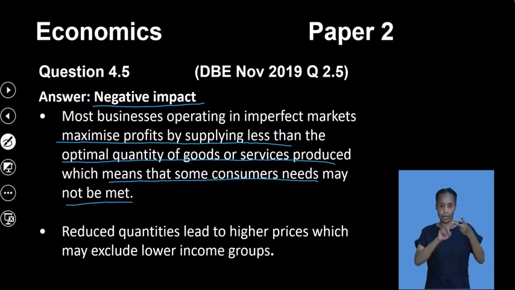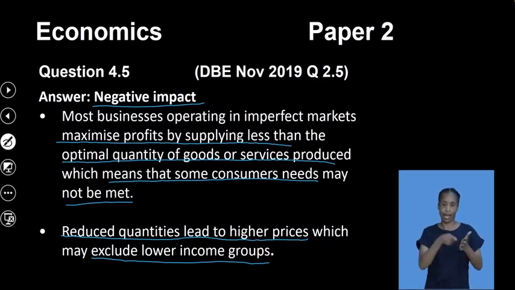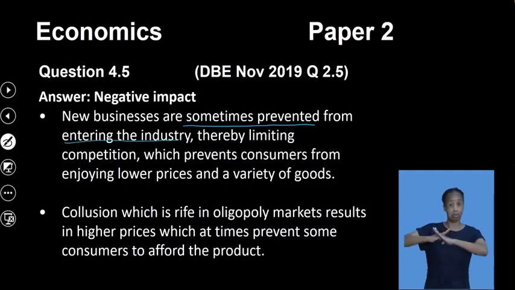Second point, reduced quantities lead to higher prices, which may exclude lower income groups there. Right, so that's the second one. Imperfect markets normally charge higher prices. Let's go to the third one. It says new businesses sometimes are prevented from entering the industry, thereby it limits competition.